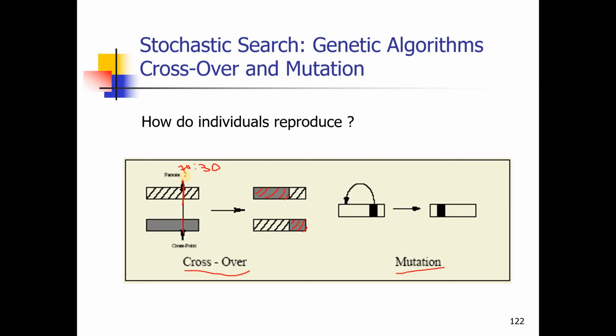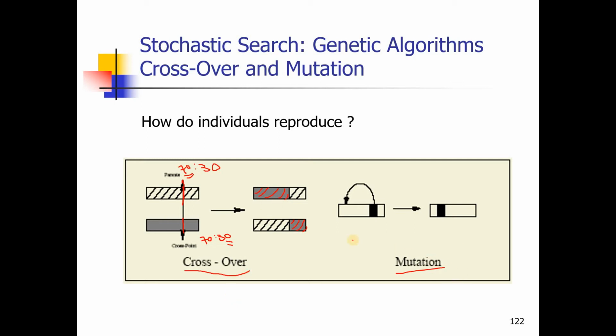If on one side 70 is selected, on the other side 30 will be connected. So the 70 will be connected to the 30, and the 70 on the other side will be connected to the 30 of the other. That is crossover. Crossover means they purely exchange the parts.